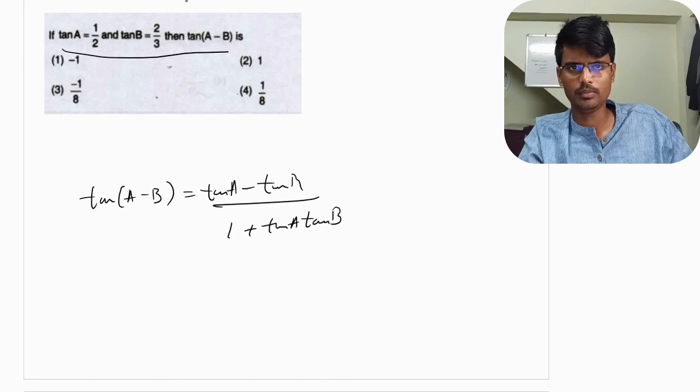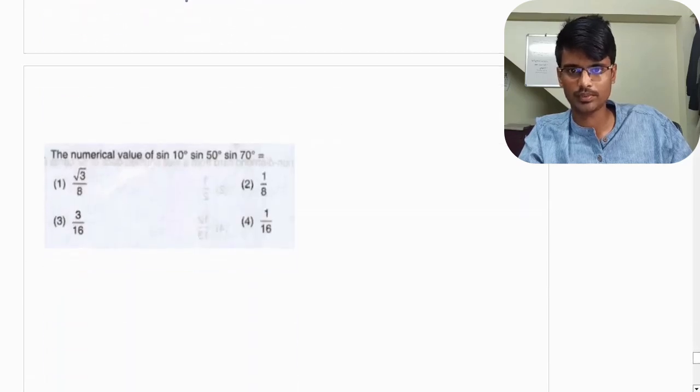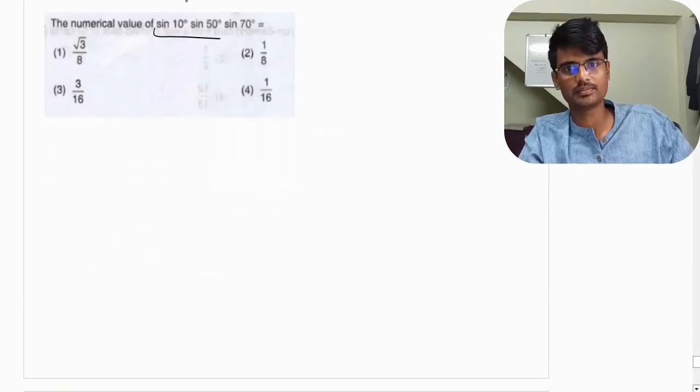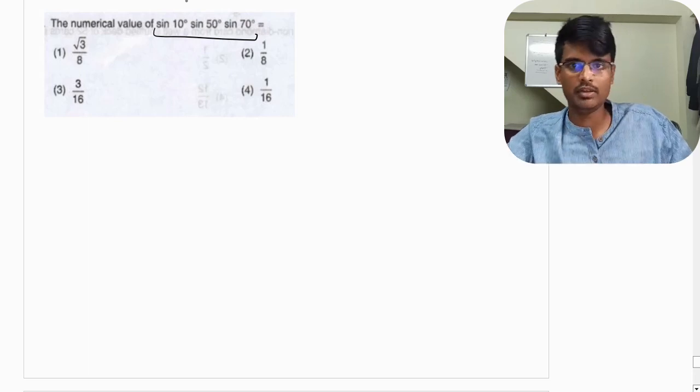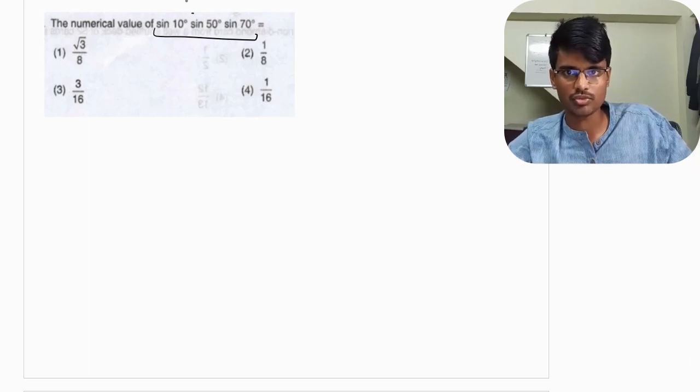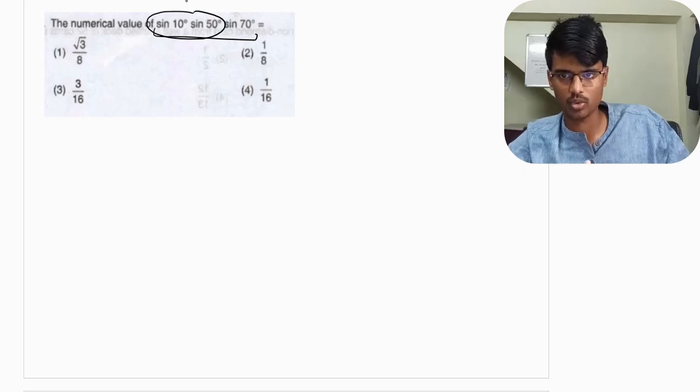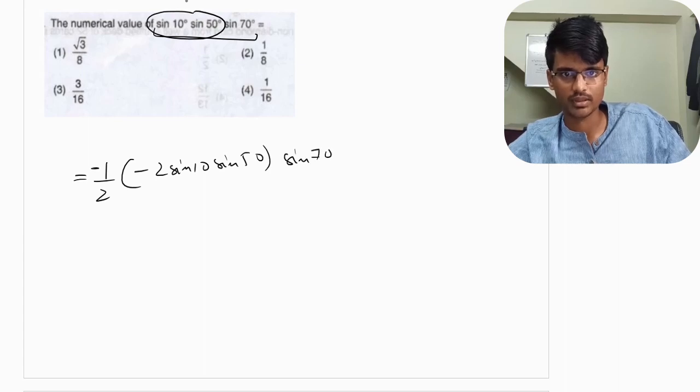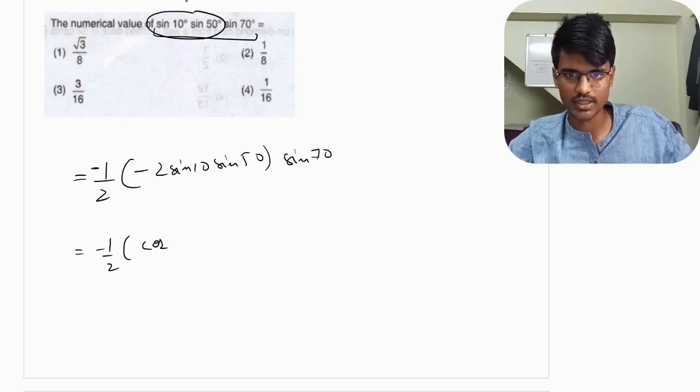Okay, moving on to the next question. Yeah, this one is a tricky question. Okay, again we'll be applying the transformation formula for these two terms initially. How do I apply? First I have to make them in that form. So minus 2 sine 10 sine 50, sine 70. Now we know this is nothing but cos (A plus B) minus cos (A minus B).